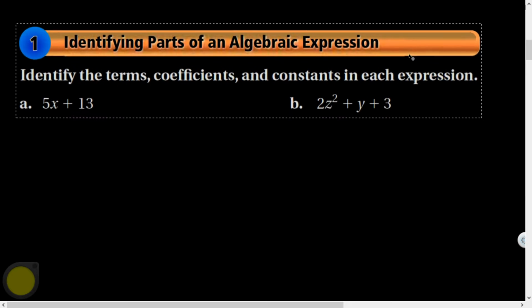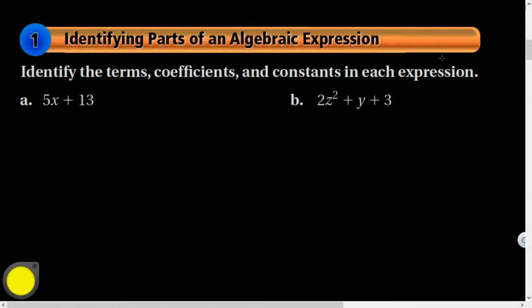Here we go. Here's example 1. So you guys already have this. I wrote it down for you. It says, identify the terms. Let's do terms first. Let's do terms in yellow. So my terms are 5x and 13. Let's do coefficients in blue.